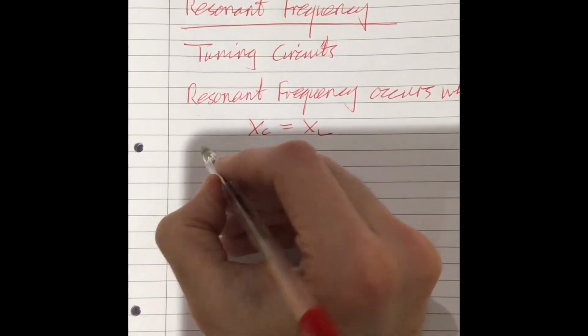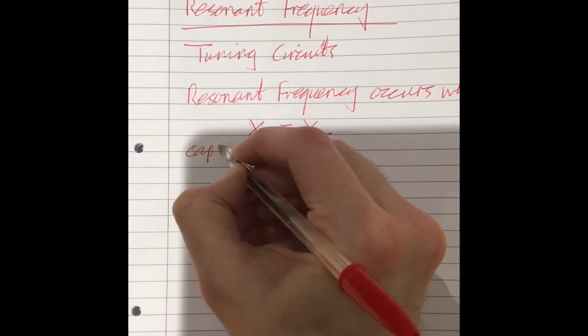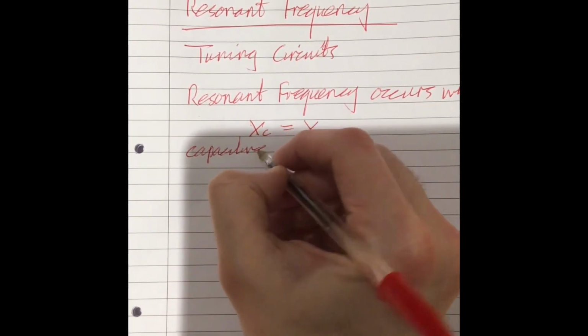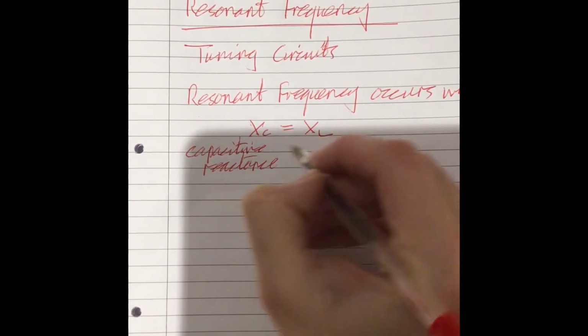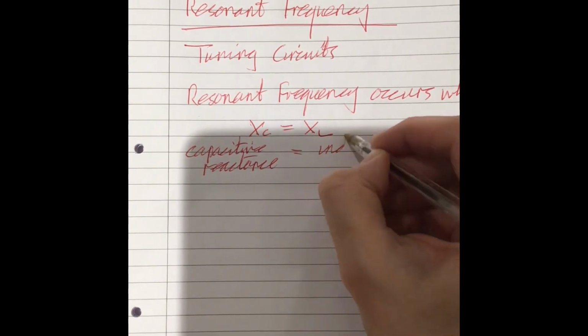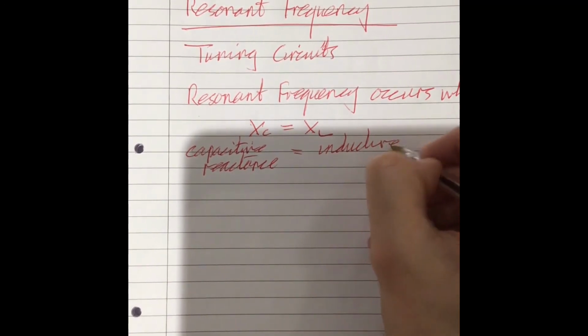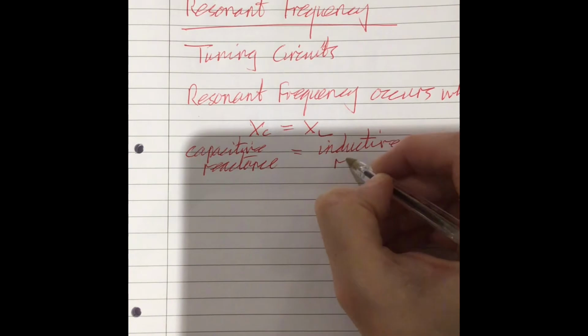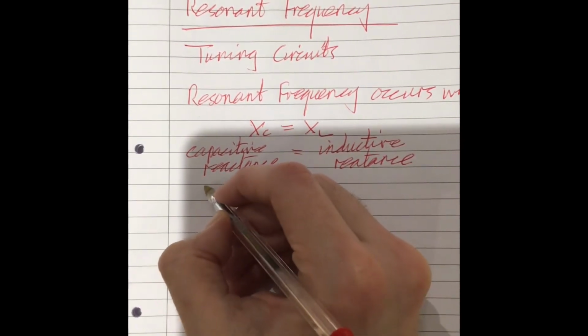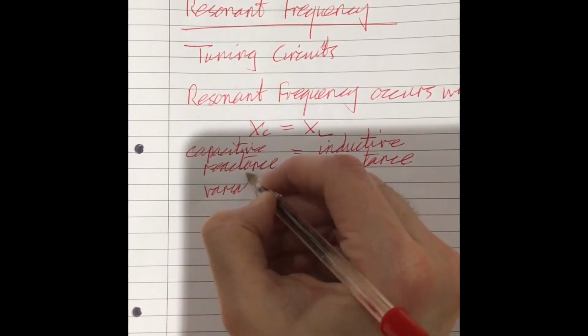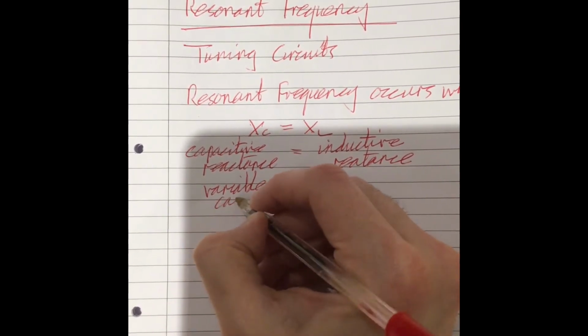In other words, when the capacitive reactance is equal to the inductive reactance. So how on earth do we make that happen? We make it happen by having variable capacitors and variable inductors.